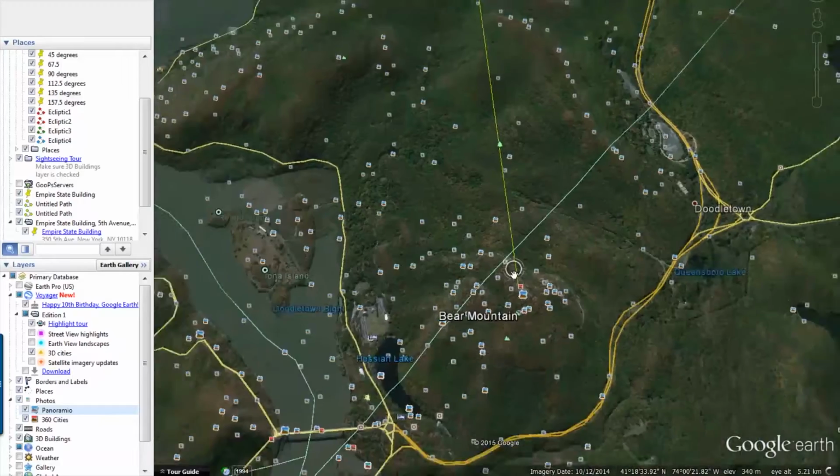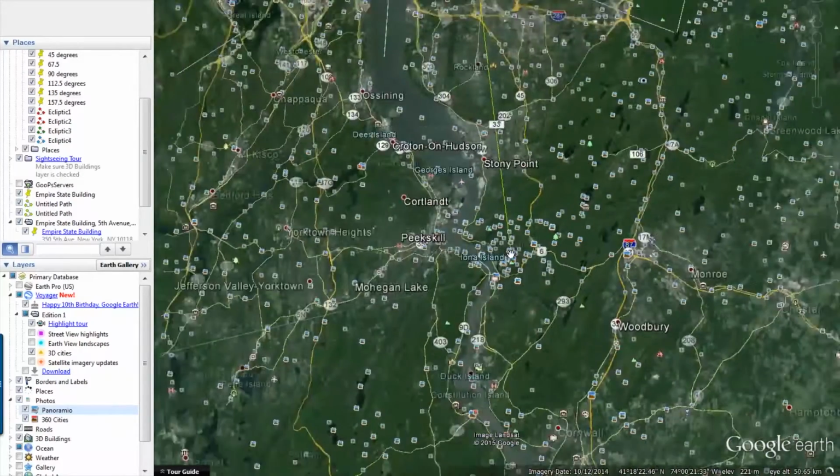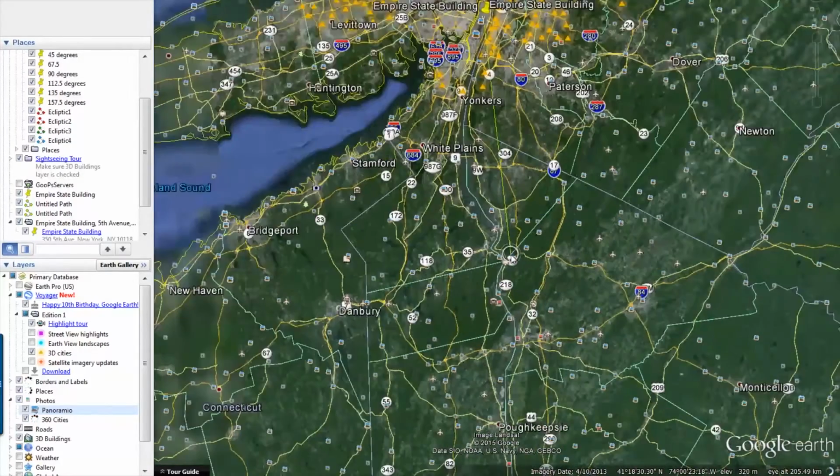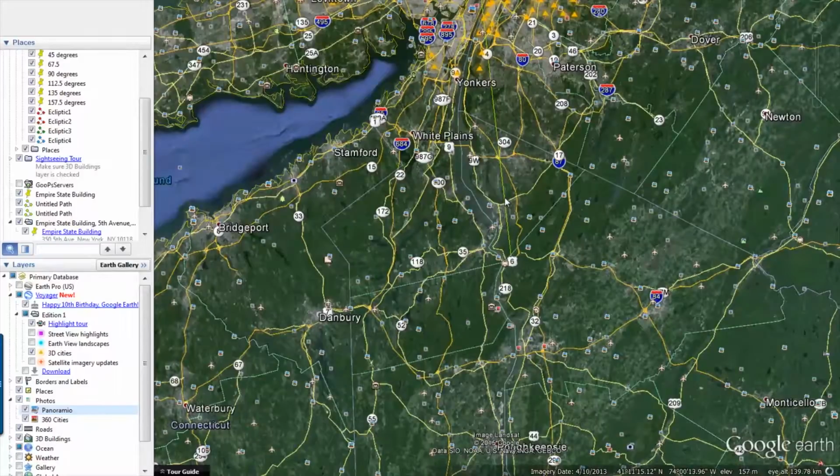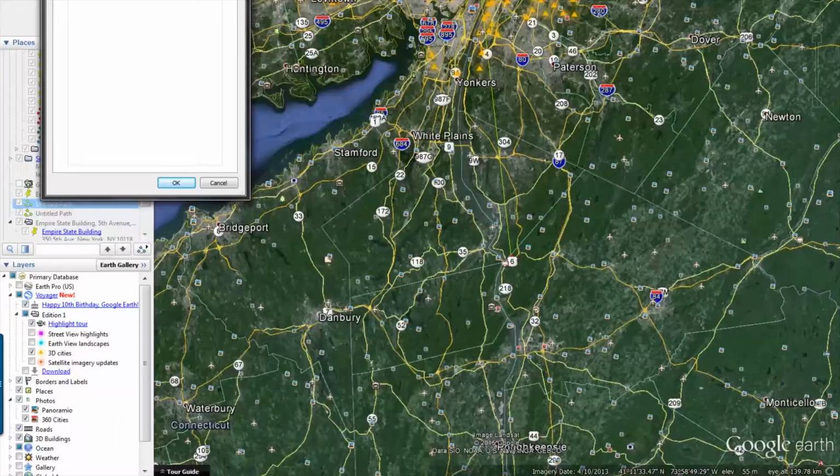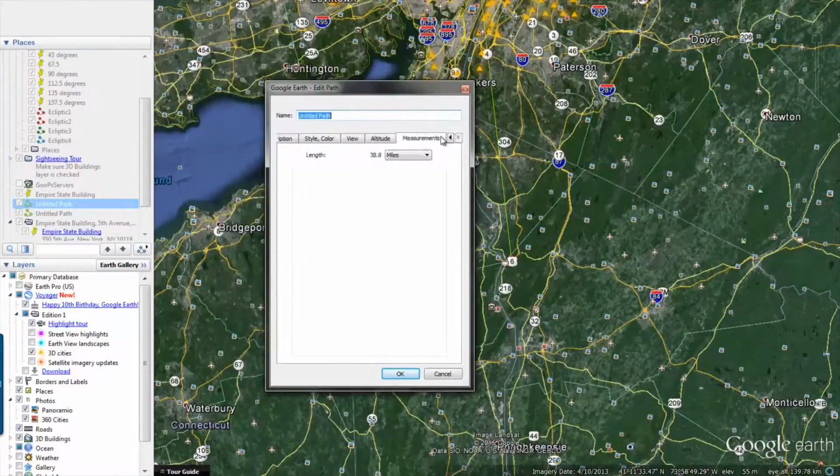And the path, how long is the path? According to Google Earth, our path is 38.8 miles or 62.4 kilometers. Is that logical on a globe Earth?